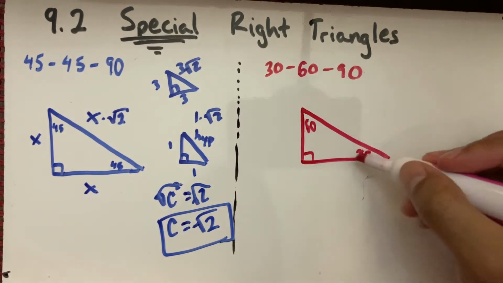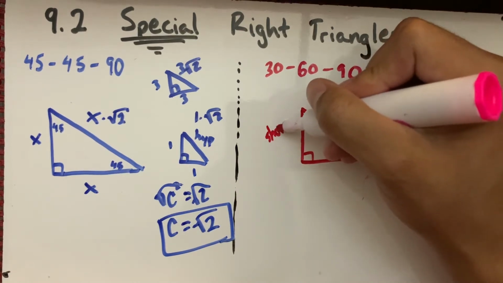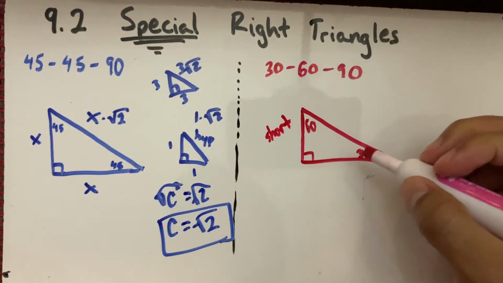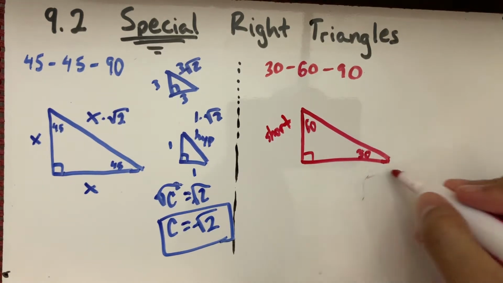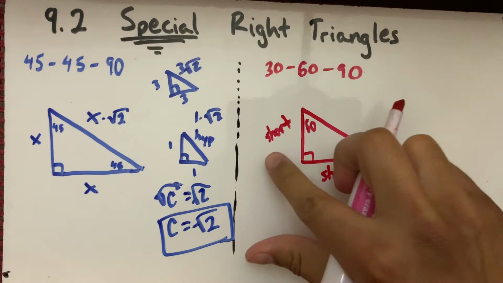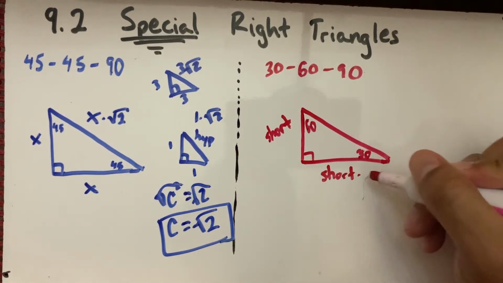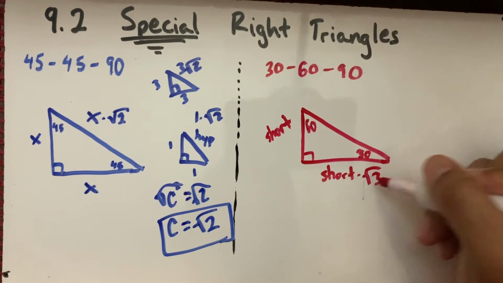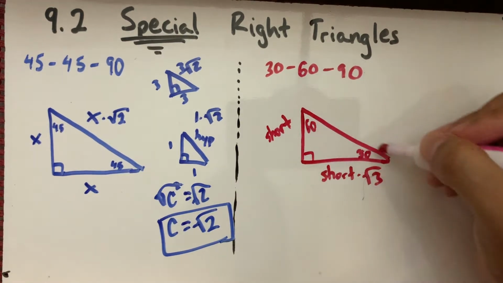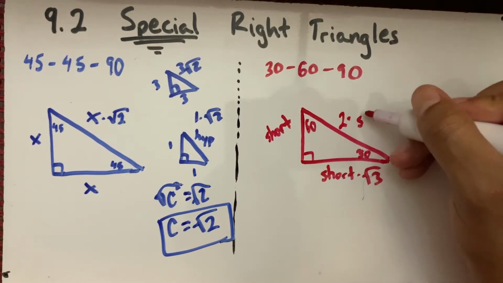We'll call this side short, because this is the short side. The long side is going to be short times the square root of 3. And this hypotenuse is going to be 2 times the short side.